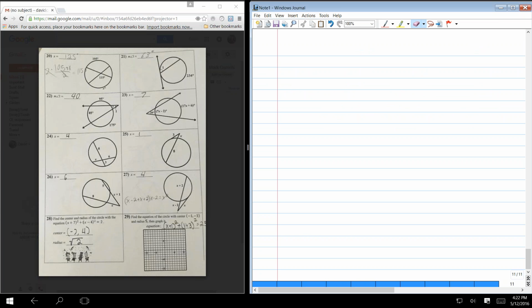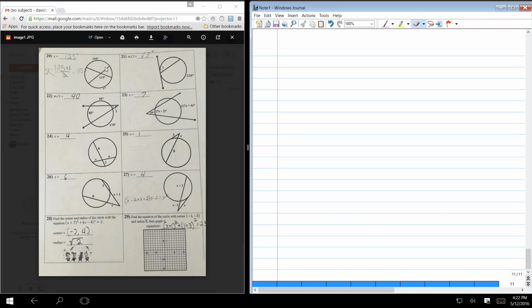26. Now, notice that all these circle problems are similar. We're either solving for arc lengths, or angles, or measurements of arcs, or measurements of segments. And it's important to distinguish between the 2 types of problems.